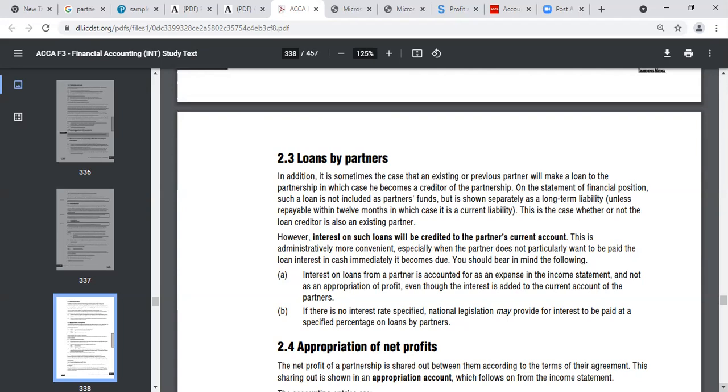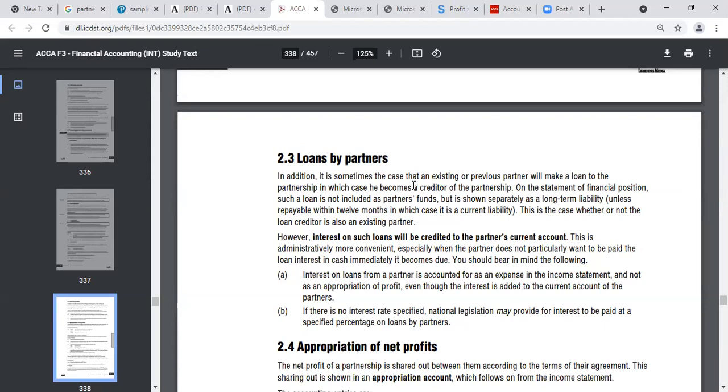Some students usually confuse loans by partners with drawings. When partners remove money from the partnership and then have to return it, those are drawings. But partners can contribute money in terms of capital, that is one form. In addition to that, partners can give loans to the business, and we call them loans by partners. So that is very important.